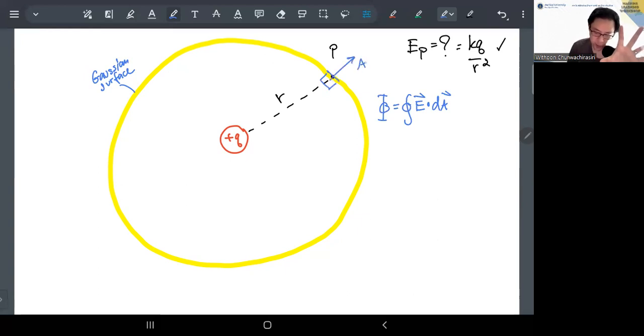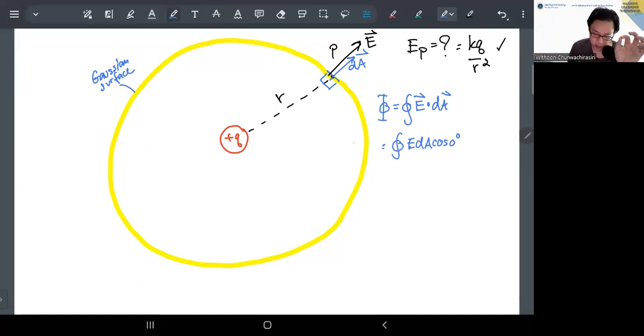The area vector will point out in the radial direction because this piece is tiny. So I put the differential dA on it, bam. And because we already discussed that the electric field goes out in all directions equally, the electric field points out in the radial direction as well. So E dot dA is just going to be E dA cosine 0.